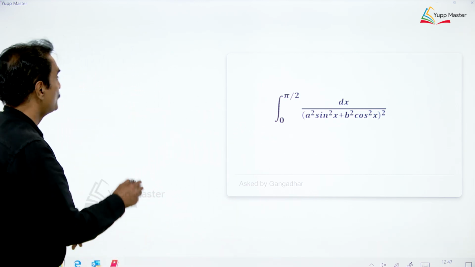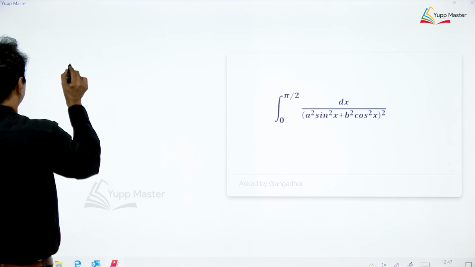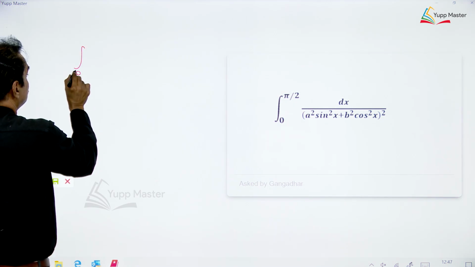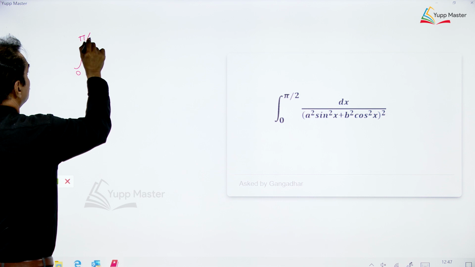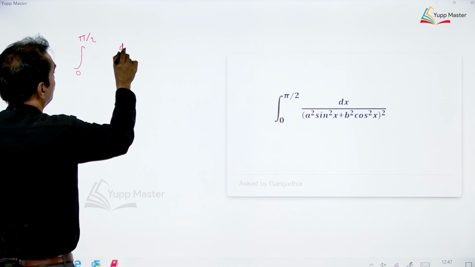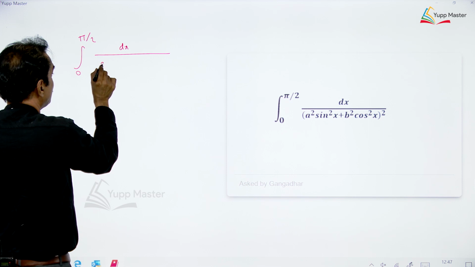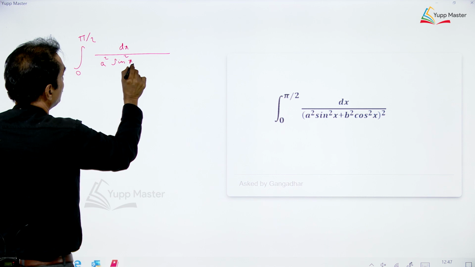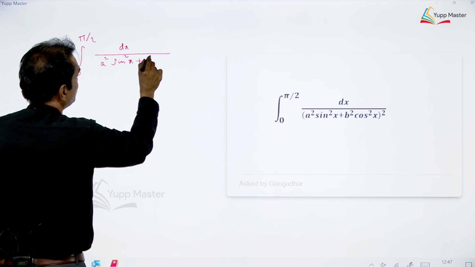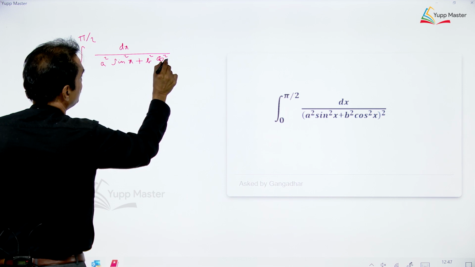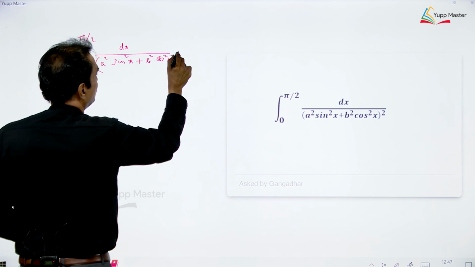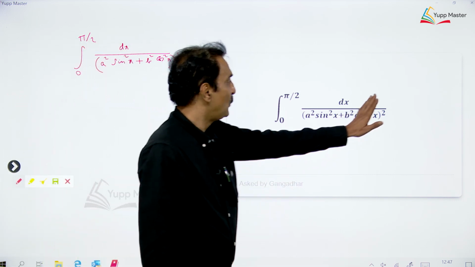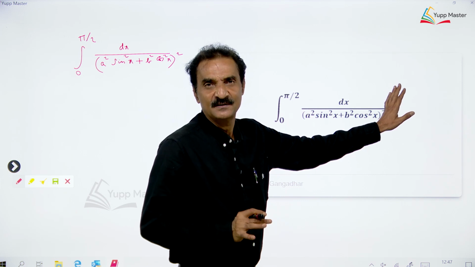Integral 0 to pi by 2 dx upon a square sin square x plus b square cos square x, whole square. If whole square is not there, it is a very simple question, is it not?